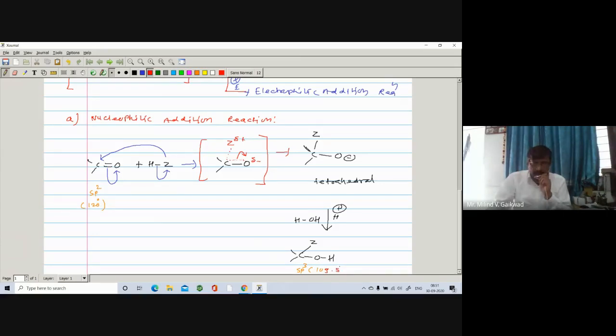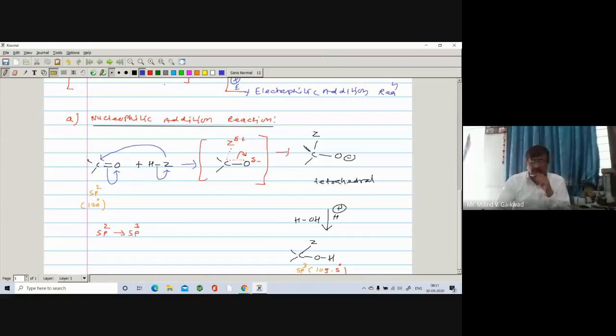In this case, sp2 carbon becomes sp3, means the degree of unsaturation gets decreased. So you have a tetrahedral product. All the atoms of the reagent will attack on the multiple bond, and you get such type of compound. In this case, the nucleophile attacks first, so it is a nucleophilic addition reaction.